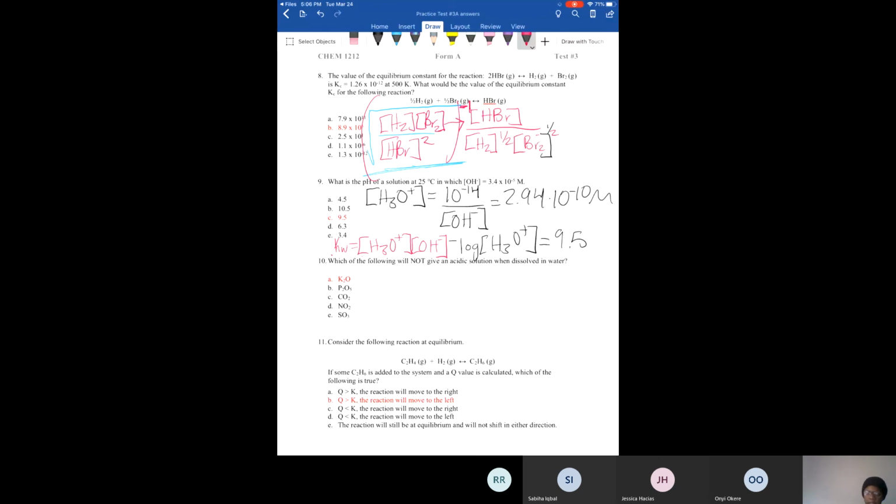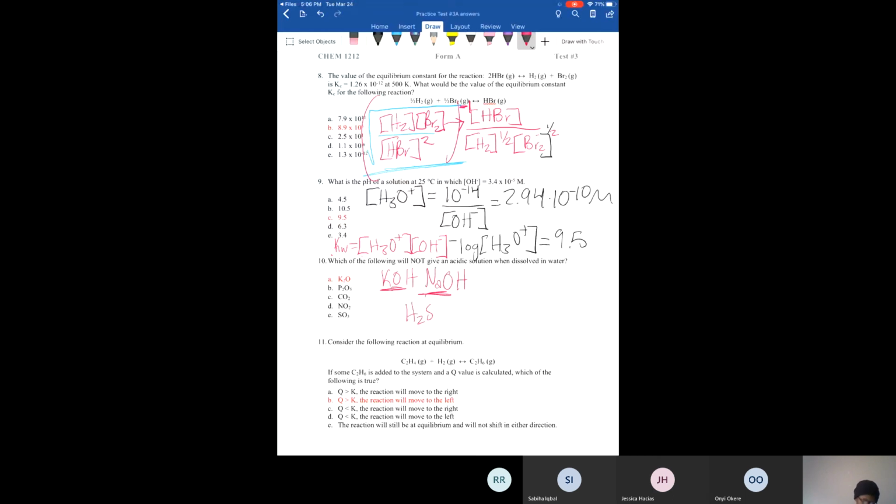Whereas your non-metal oxides are going to form acids in water. If you guys are familiar with your strong bases, like KOH, NaOH, these are metals, the K and the Na. Whereas if you have H2SO4, or if you're familiar with HNO3, these are acids.